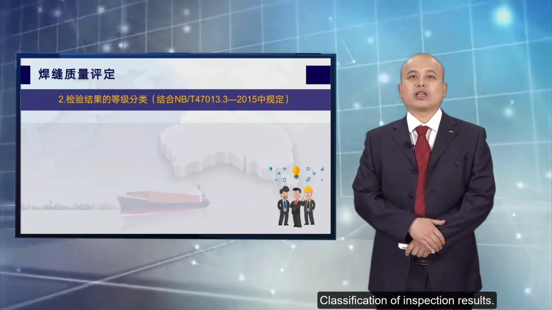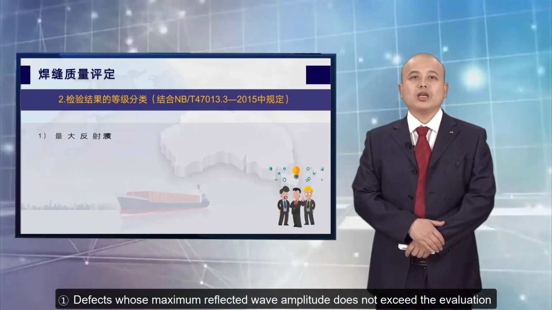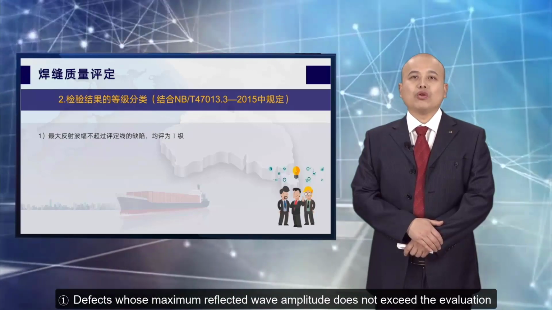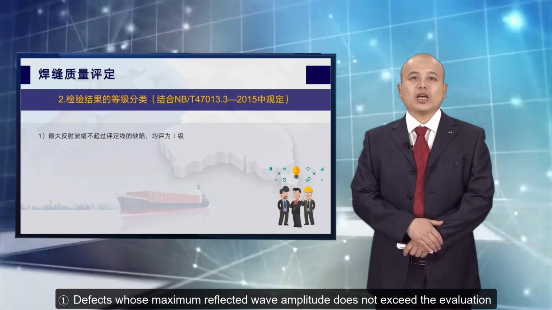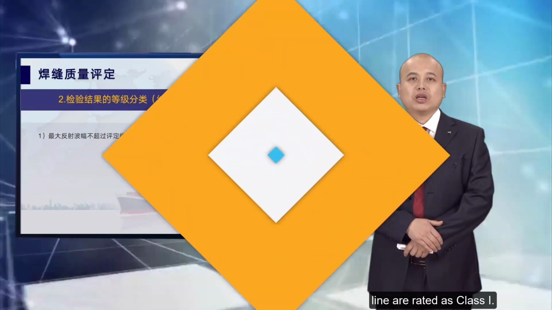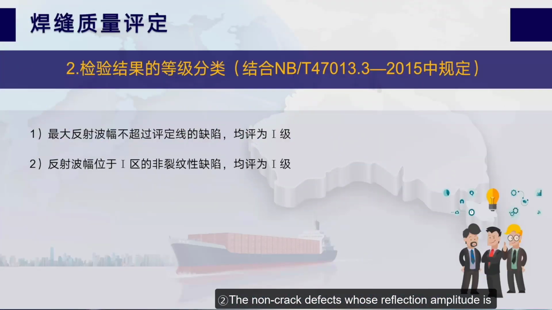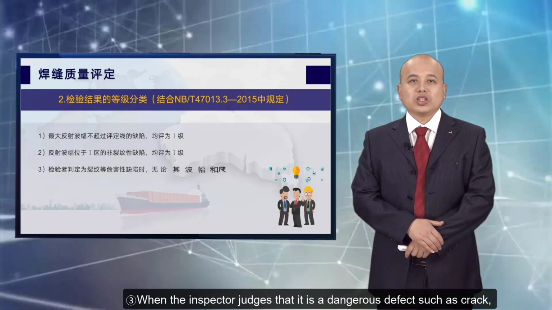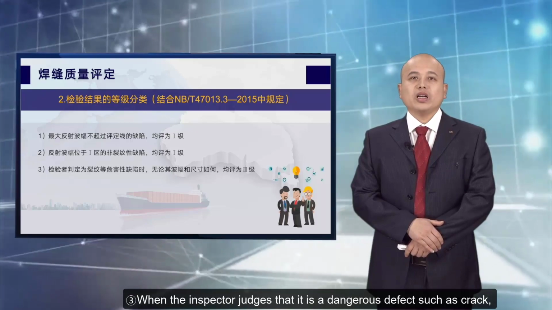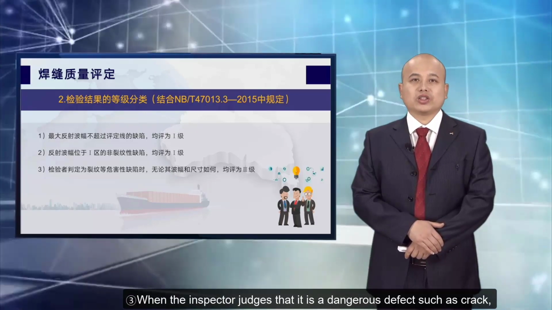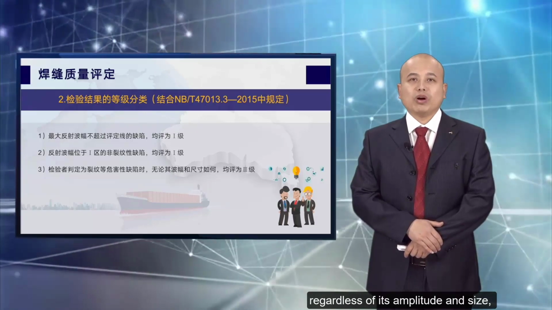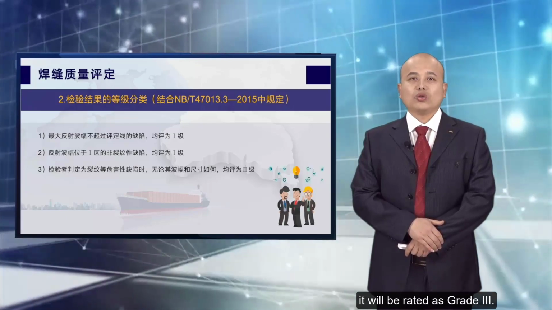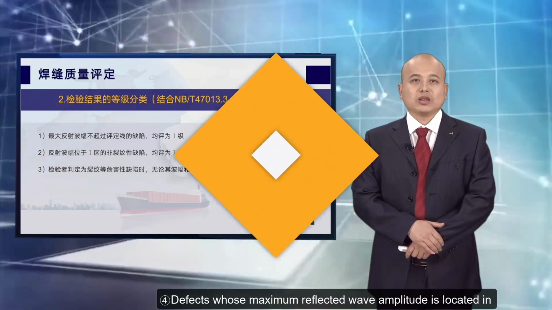Classification of inspection results. 1. Defects whose maximum reflected wave amplitude does not exceed the evaluation line are rated as Class 1. 2. The non-cracked defects whose reflection amplitude is located in Zone I are rated as Grade 1. 3. When the inspector judges that it is a dangerous defect such as a crack, regardless of its amplitude and size, it will be rated as Grade 3. 4.